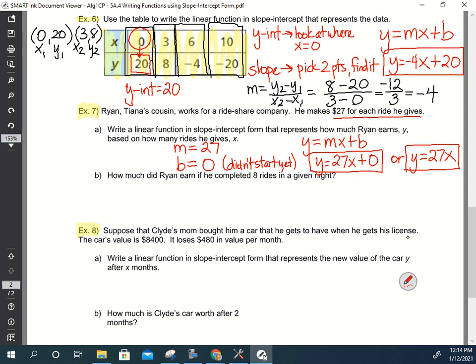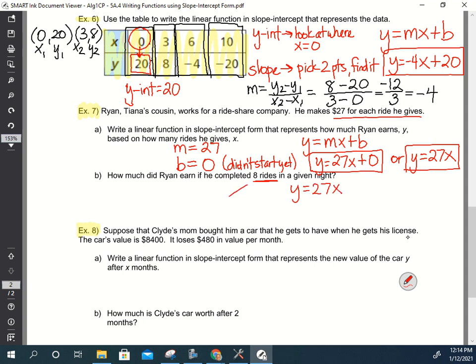All right, to part B. How much did Ryan earn if he completed 8 rides in a given night? So if he gave 8 rides to people, how are we going to find out how much he made? Multiply. So we have y equals 27x.